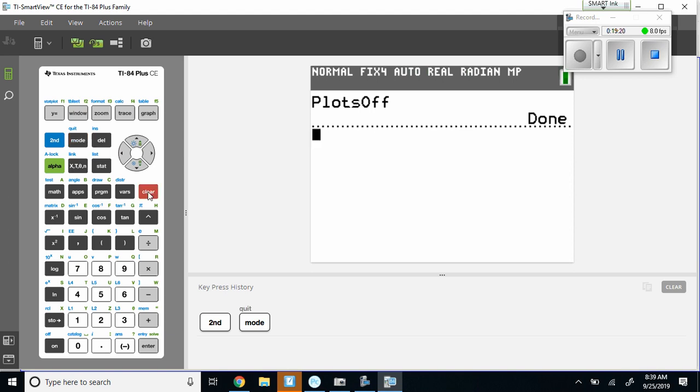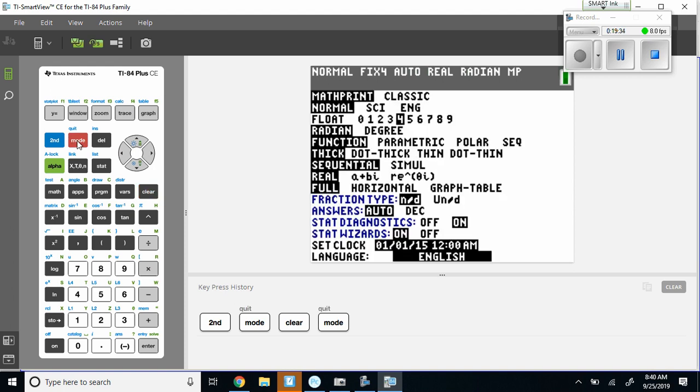So I'm just going to clear my screen. There's one thing that we need to check, because we're going to be graphing in radians. So I need to make sure that we're in radians, and that's the mode button. If you hit that, about the 4th line down says radian or degree. Move it down with the arrow key.